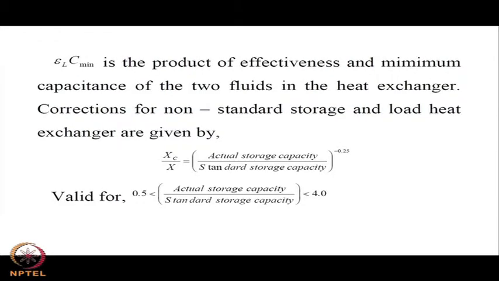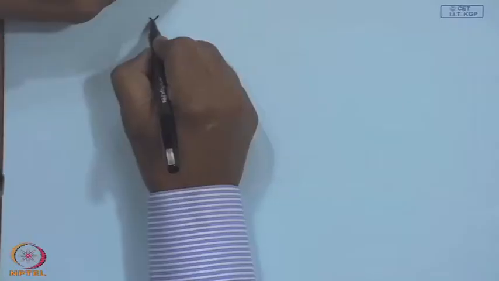So, if standard storage is not there, or the heat exchanger effectiveness is not the standard, just like we had done in the case of the F chart method, the corrections have been given.